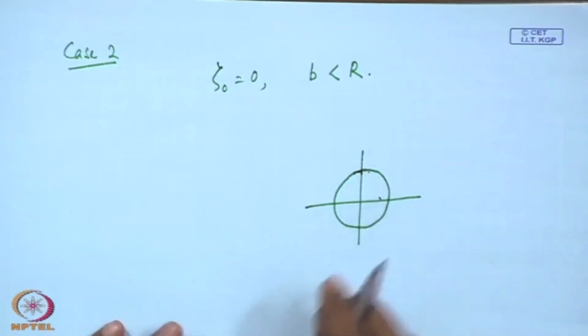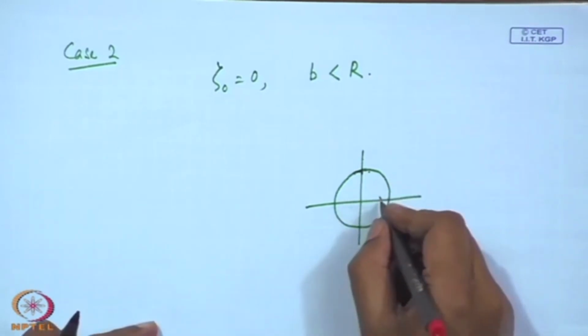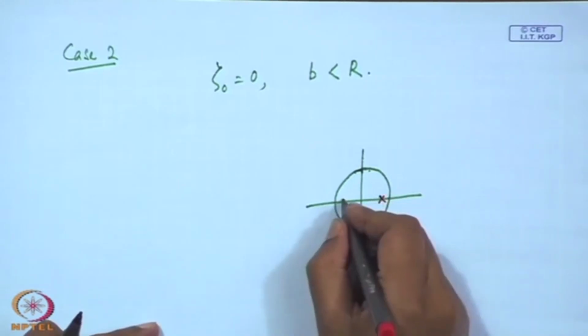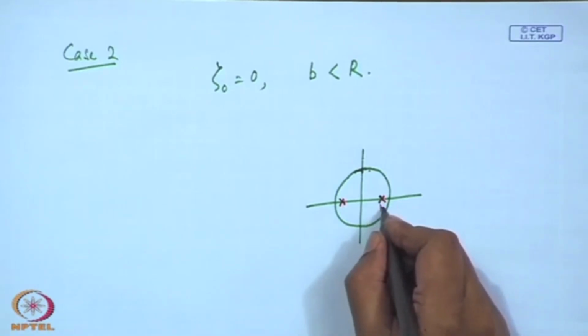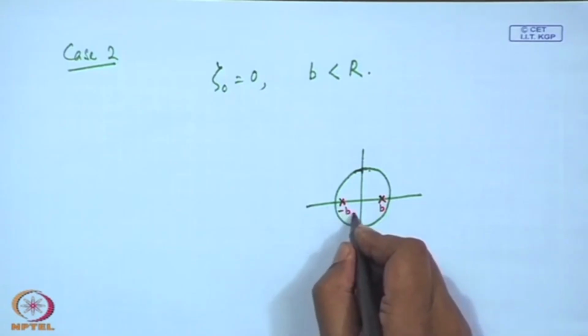Let us say this is what is b, b is less than r, this is plus b, this is minus b.